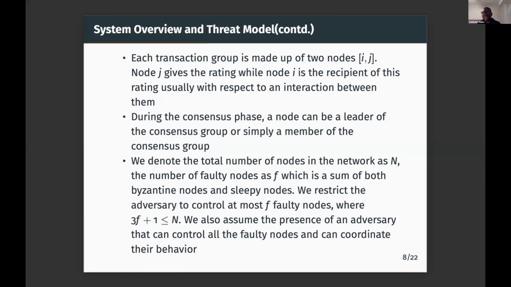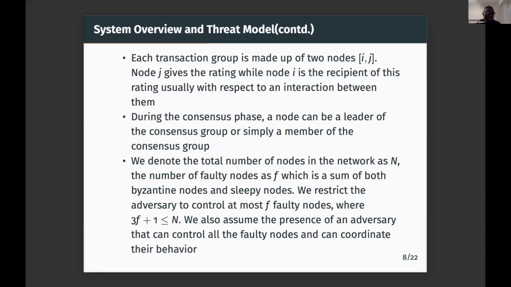And during the consensus phase, a node can either be a leader of the consensus group or simply be a member within the consensus group. And so we denote the total number of nodes in the network as N. We denote the total number of faulty nodes as F, and these faulty nodes are made up of two types of nodes.